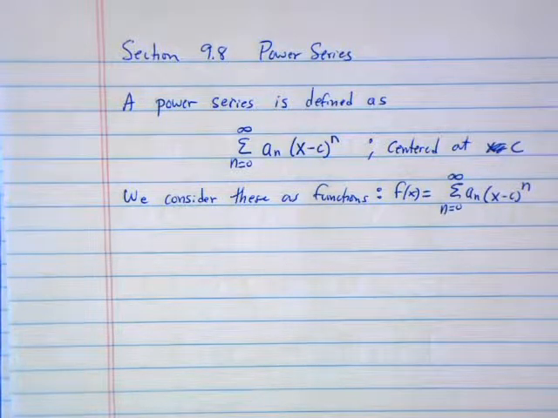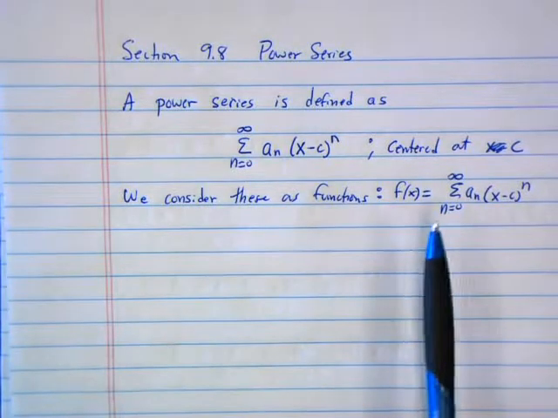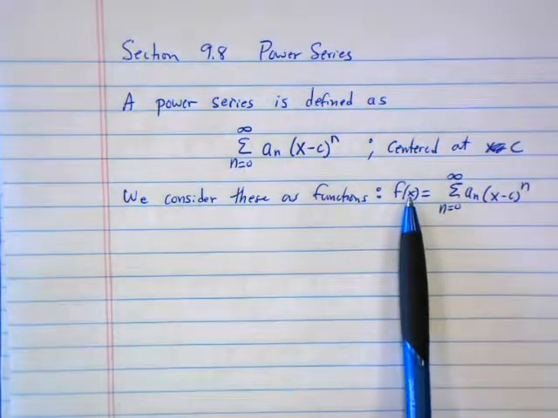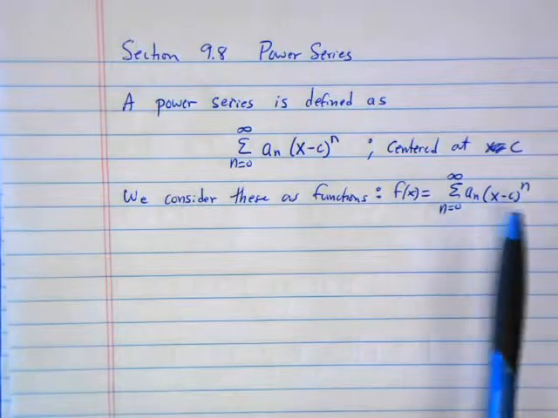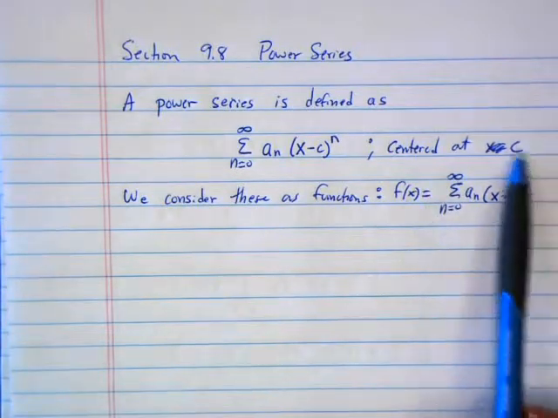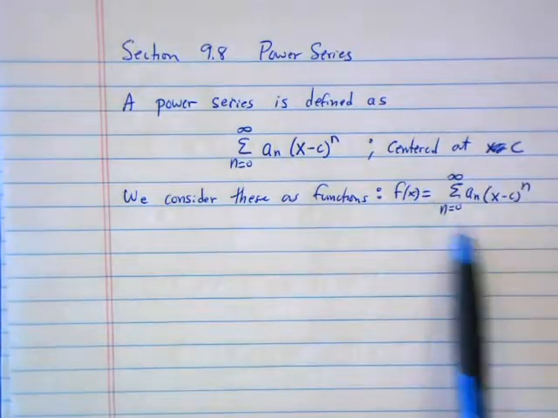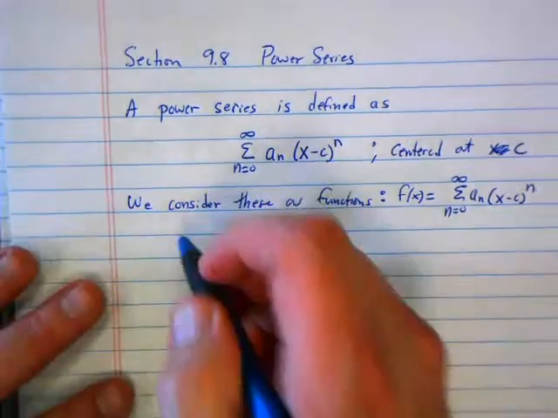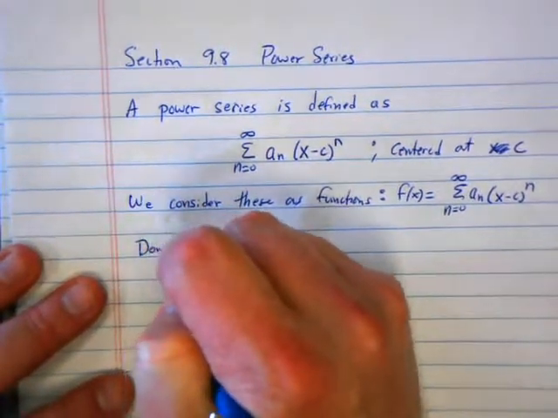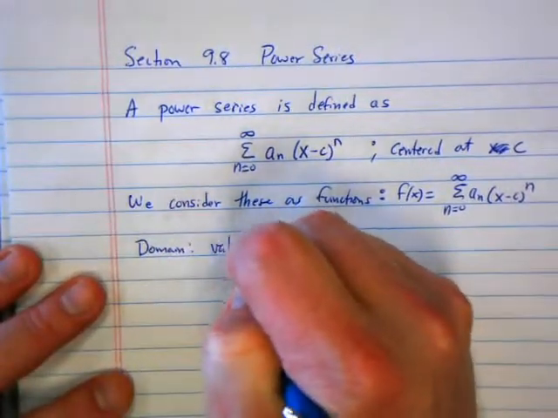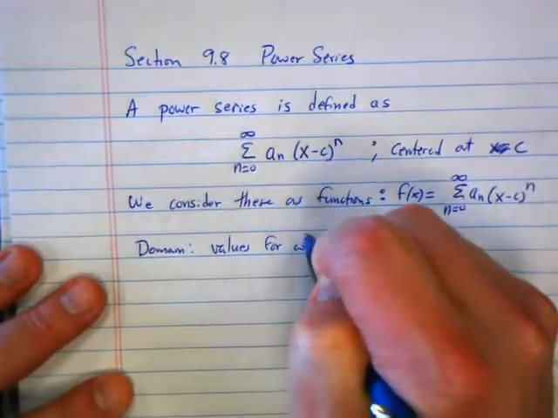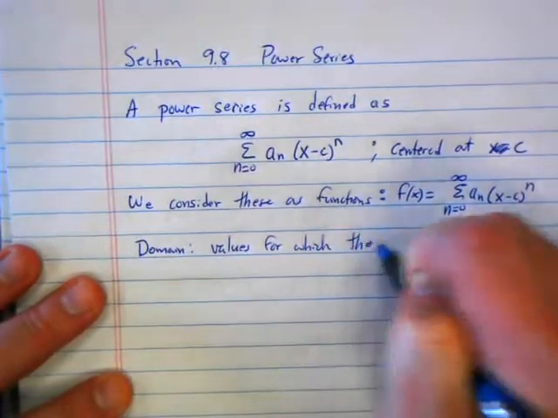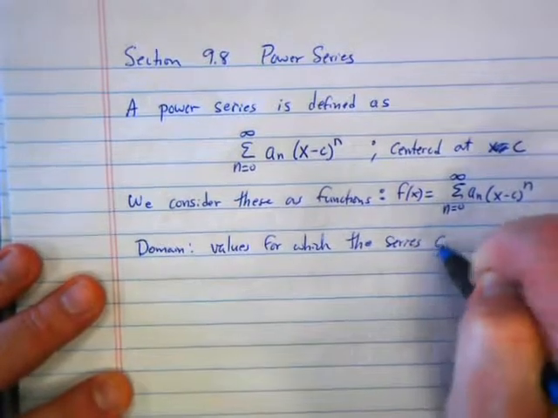What does the domain of a function mean? All the possible x values. In this case, what we mean by all possible x values is what x numbers can we plug in so that this infinite series will converge. That's how we're going to define the domain. Values for which the series converges.